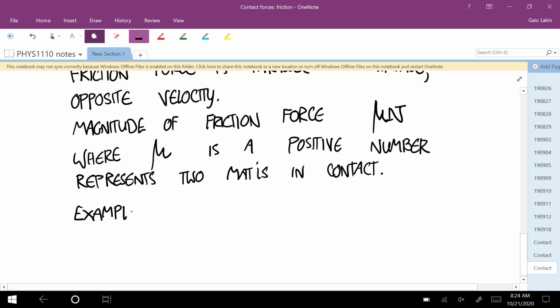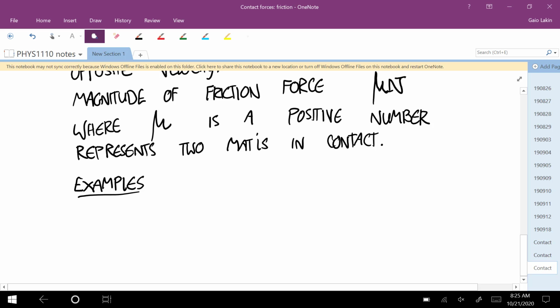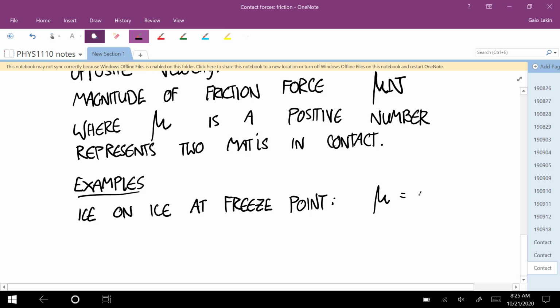I mean, in problems, these will be given to you. But if you have two blocks of smooth ice sliding relative to each other at the freezing point, those have very low friction, and so the mu value is very low. You get a mu value of 0.02.